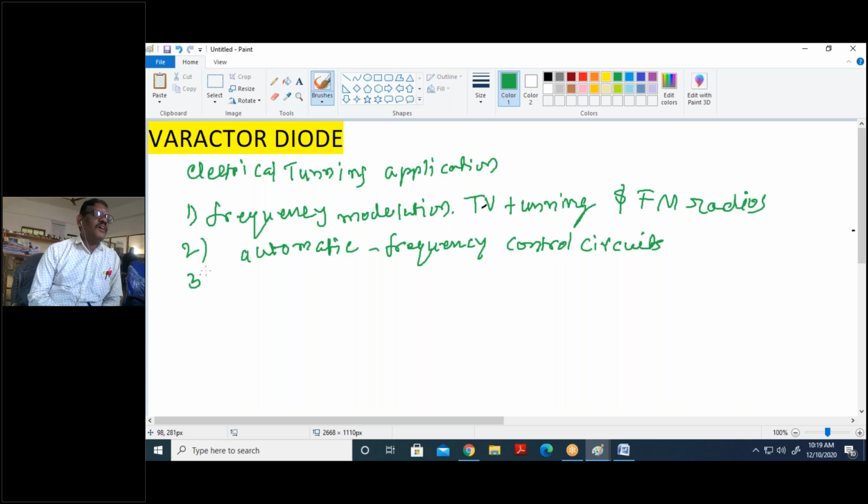And the third one, adjustable band pass filters. And the last one, in parametric amplifiers.